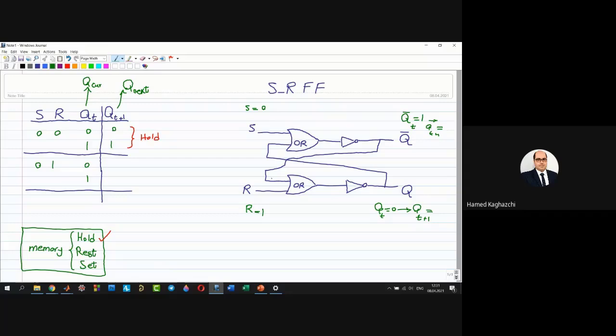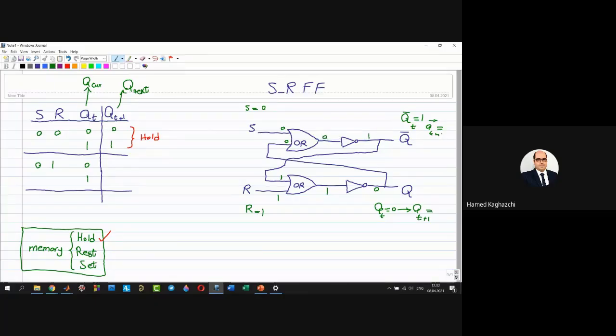This 1 comes here, this 1 comes here. 1, 1, the output will be 1. The output of NOT will be 0. This 0 comes using this signal here, 0, 0, 0, 1.